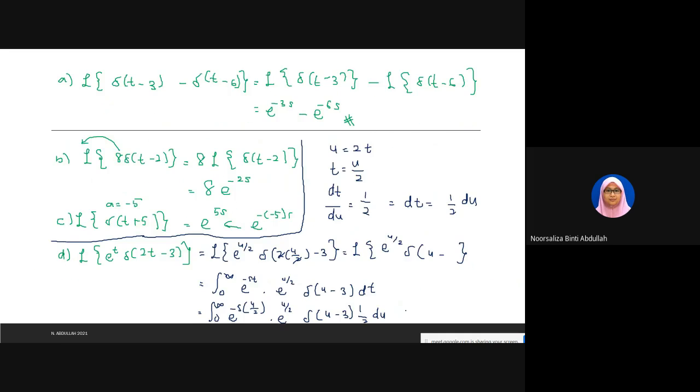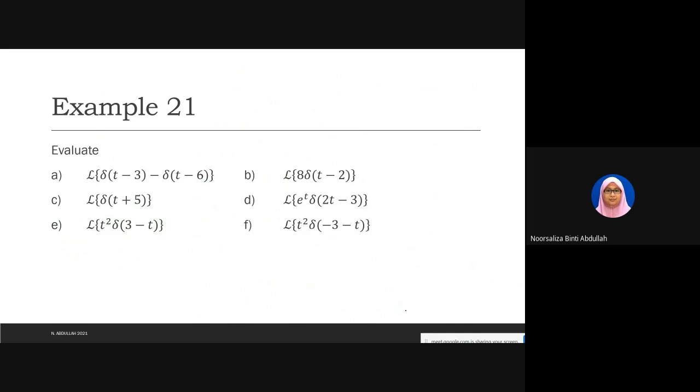Okay, so the last example is Laplace of t square delta minus 3 minus t.